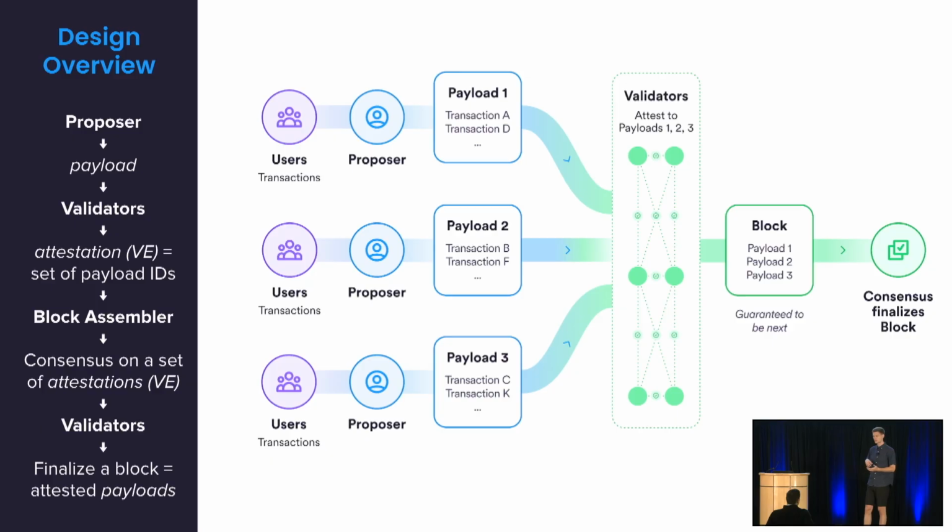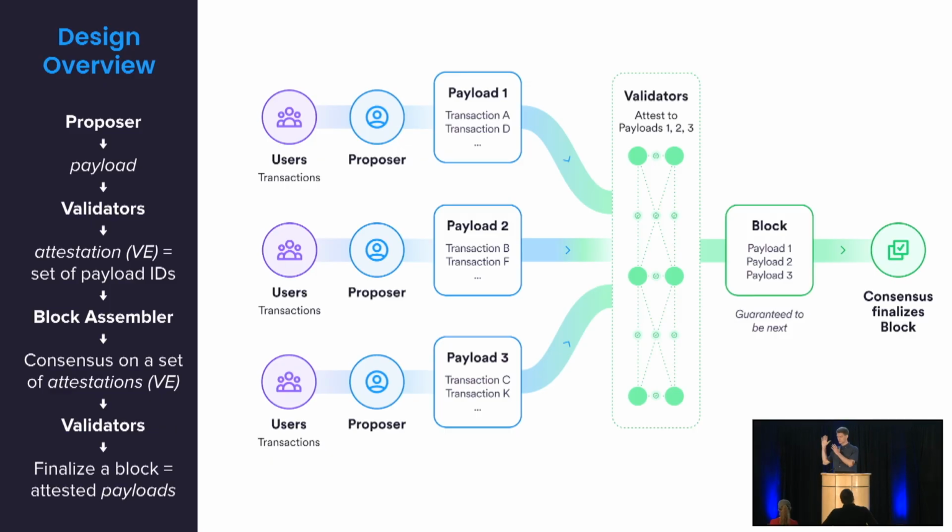So if I'm the block assembler at height h+1, then I look at the finalized block at height h, and I take all of the vote extensions from there, and that is my proposal to the network in my round of consensus. Quite elegant, in my personal opinion, and that block is guaranteed to be next, as you see over there.